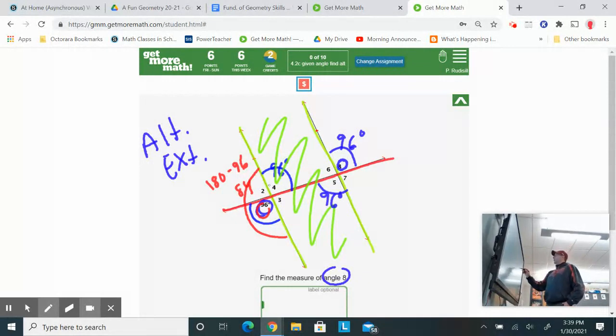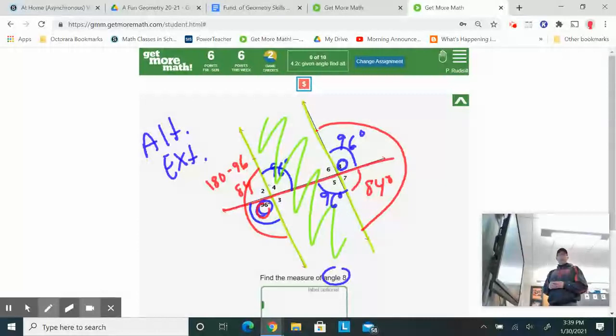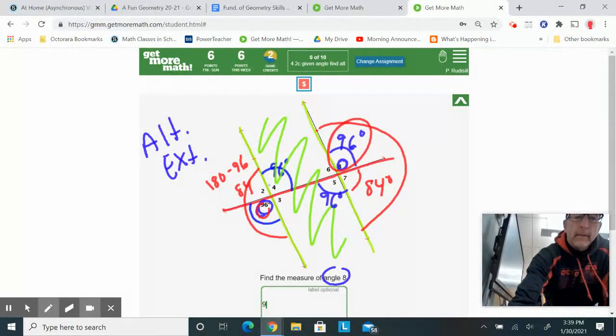And its alternating exterior angle will be angle 7, so that should also be 84 degrees. Which makes sense because together, angle 8 and angle 7 make 180 degrees, and 96 plus 84 is 180. But that's a whole bunch of extra stuff. We're supposed to find the measure of angle 8, and angle 8 we found was 96 degrees.